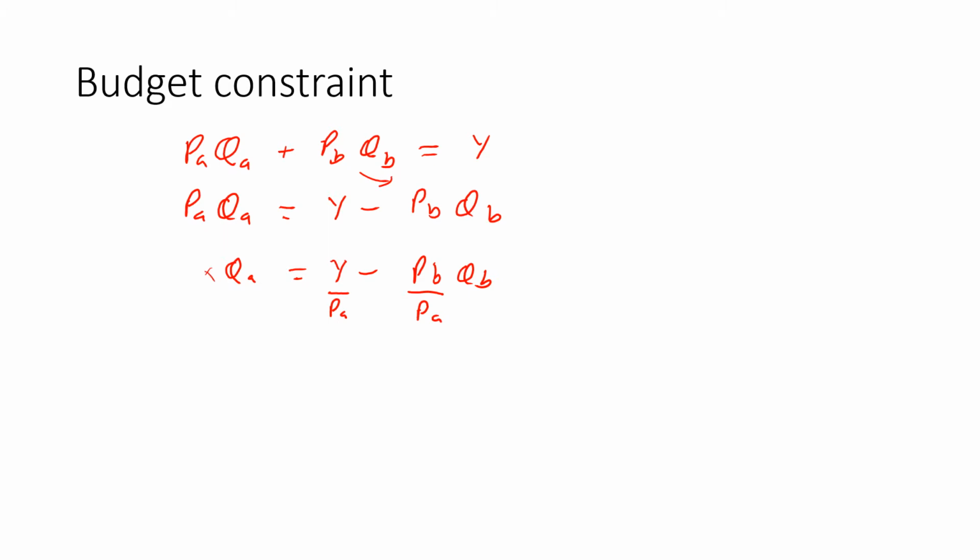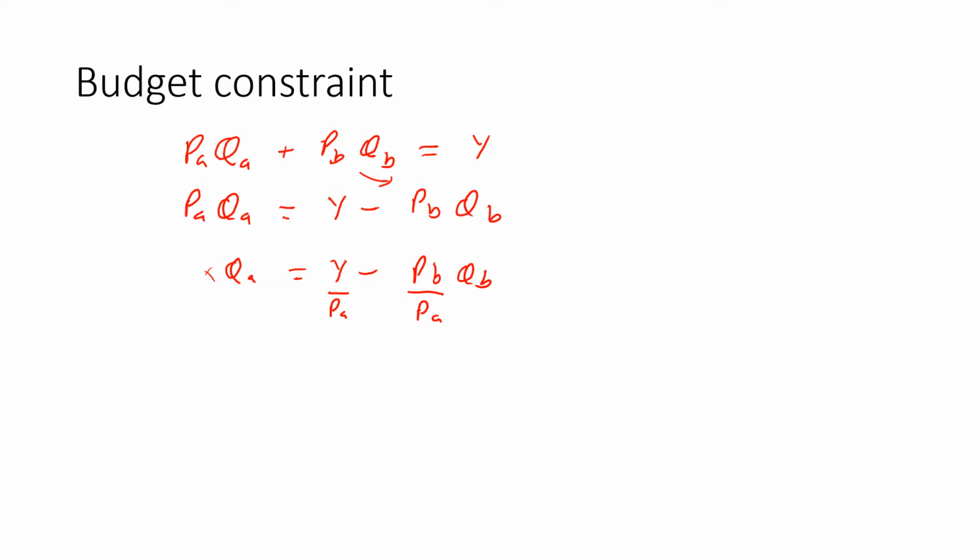So the total QA that we can consume depends on two things. The first is the total budget that we have divided by the price of QA, and also on the price of QB and the amount of QB that we are consuming.